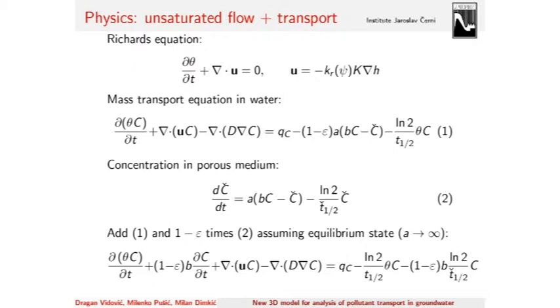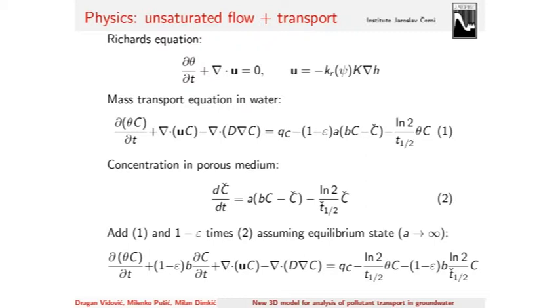D is an anisotropic tensor, and what I didn't tell you and I should have is that K can also be anisotropic and discontinuous. This creates quite some problems when solving numerically. Anyway, D is an anisotropic tensor, which models the dispersion and the diffusion together.